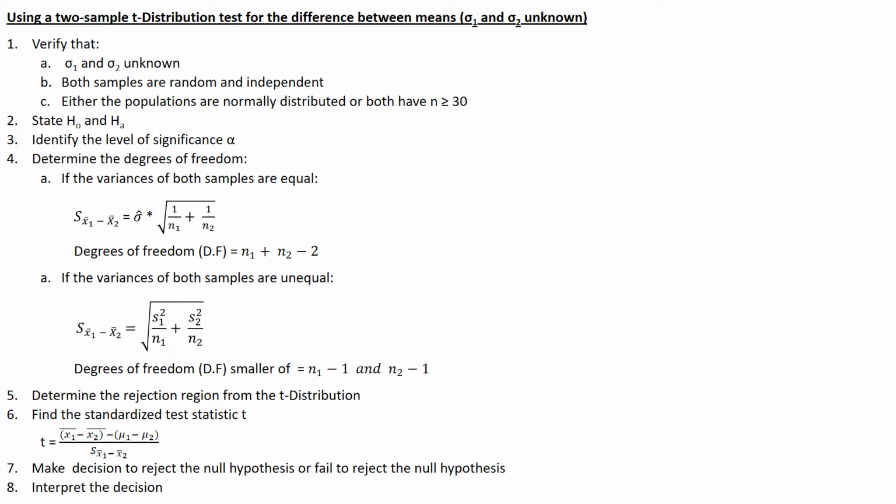Very similar to finding population deviations with the z-table, where we know the population deviations. We have to verify that population deviation 1 and 2 are unknown. This is for using the t-table. Both samples are independent and random, and either population normally distributed or greater than or equal to 30. We set an alternate null hypothesis.